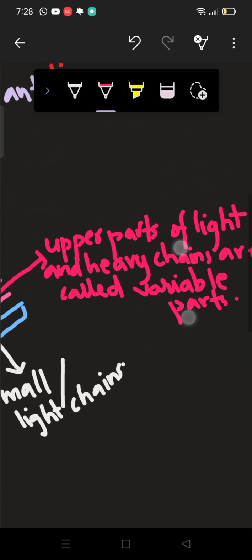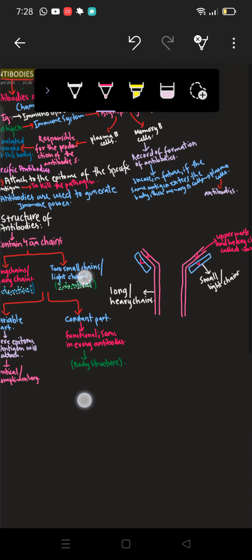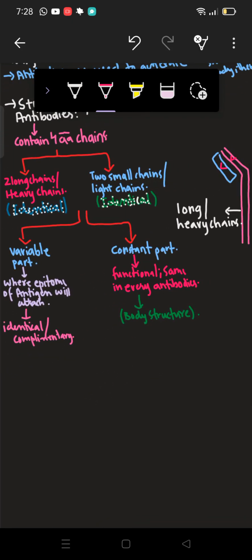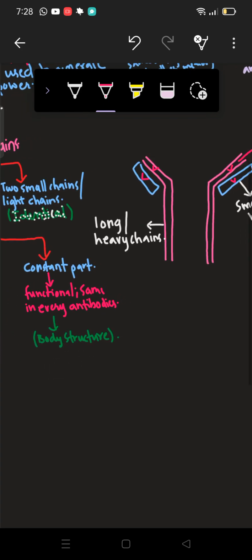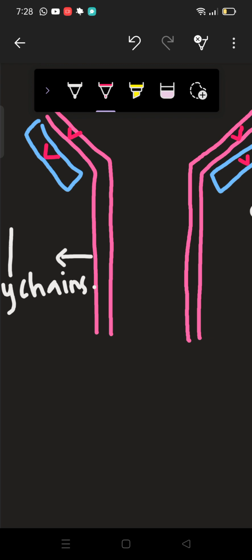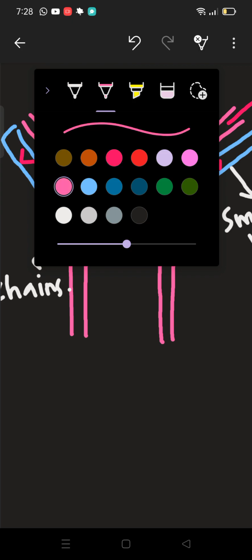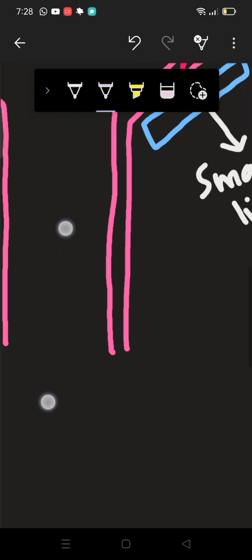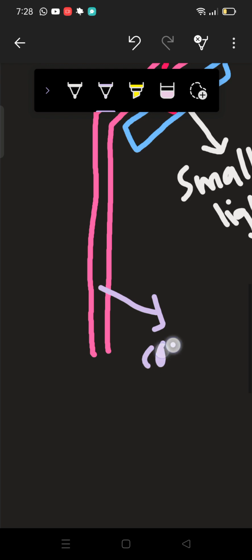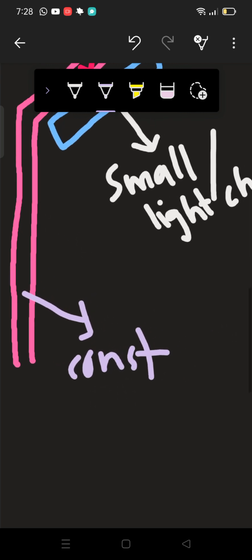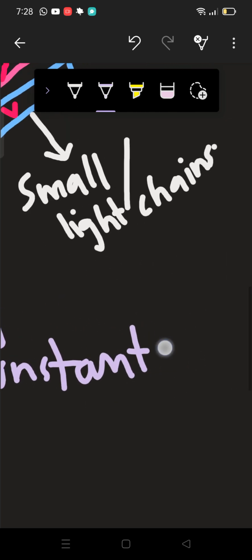We have already discussed that the epitope of the antigen will come and attach to the variable part, and they both will be complementary to each other. And the lower parts of the antibody structure are what we call the constant part.